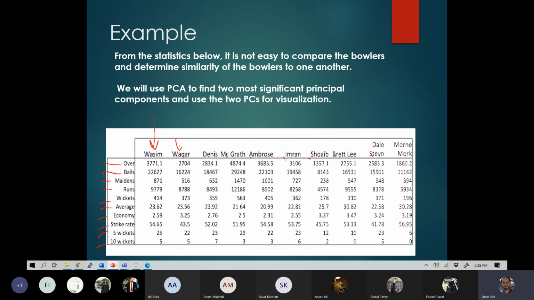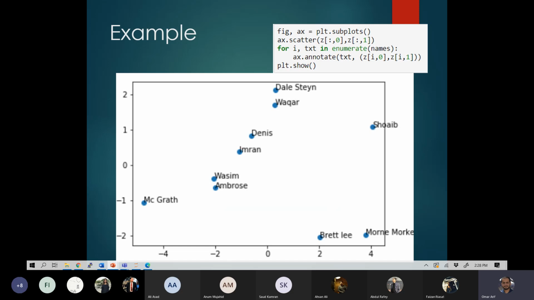Now, if someone asks you to compare them, which bowler is closer to the other, it is difficult to just say that by looking at this table. So we are going to apply PCA, and we are going to only keep the top two principal components, and then plot them.